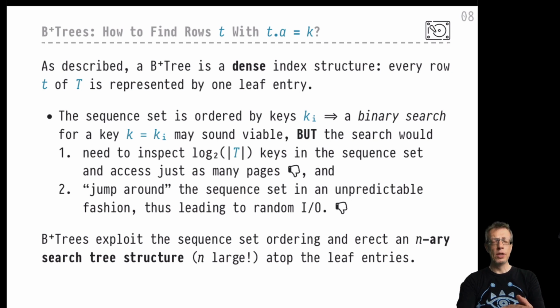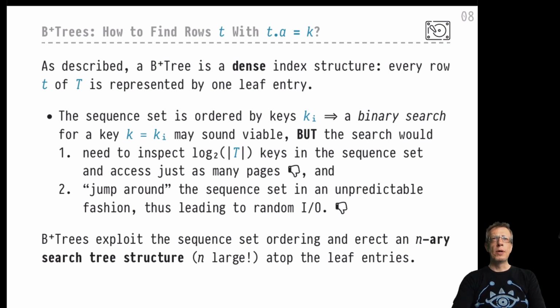So for example, a key value k equals 42. Then we could just use binary search to locate that 42 among the sequence set of ordered key values ki that we find if we look inside the leaf level of our B+Tree.